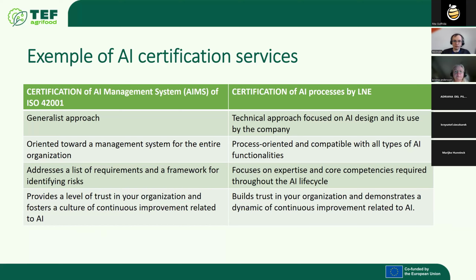This ISO standard helps structure the AI strategy at the global level. It creates a solid framework to identify risks and ensure responsible use of AI across the company. Above all, it sends a clear message: the organization takes AI seriously and manages it in a structured way.